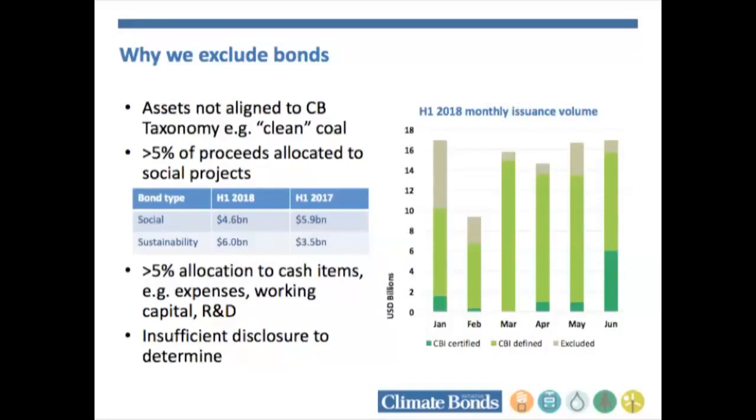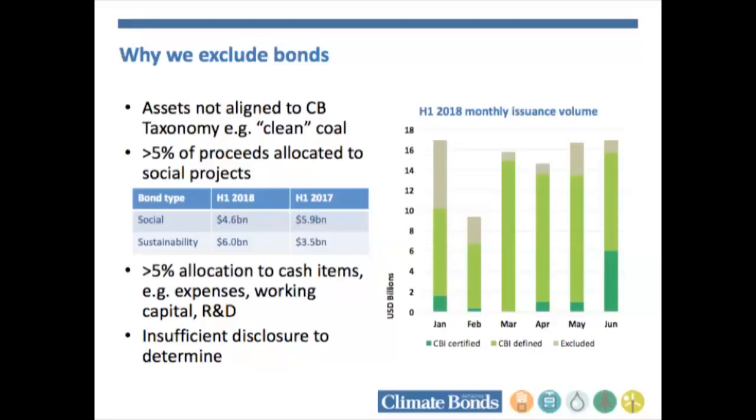There are catalogues, taxonomies out there that also allow for such efficiency improvements. Our view with respect to fossil fuel power generation is that it is always to be excluded, on the basis that there are alternative technologies available for generating power that are much more compliant with the transition to a low carbon economy. So we would exclude those.